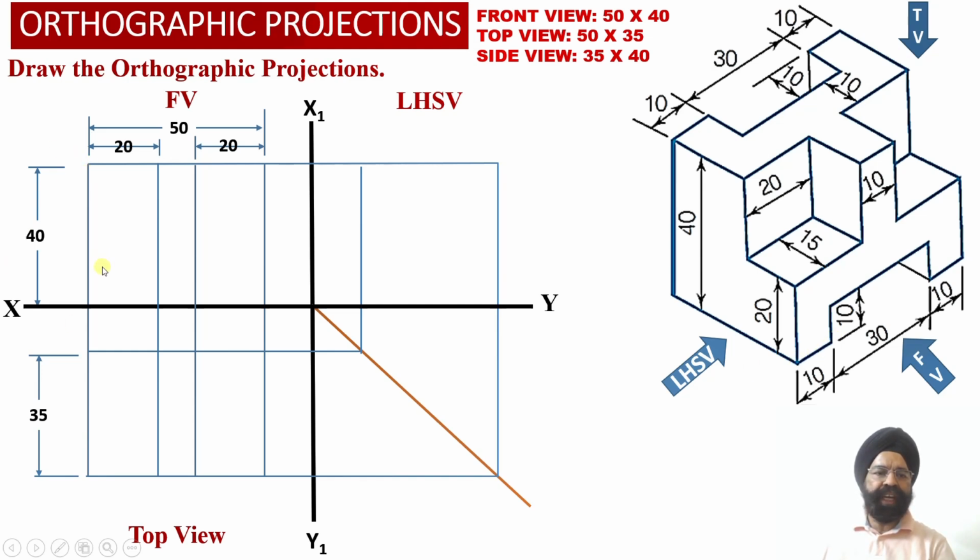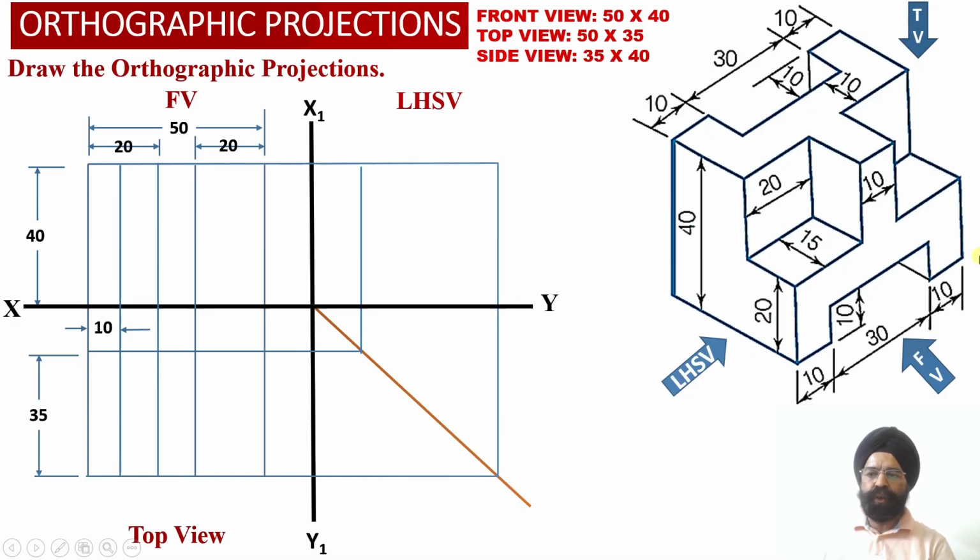As we move away from the left hand side face and measure a distance of 10 millimeter, we obtain a vertical projector line in the front view projection, and we need to extend this vertical projector line into the top view projection as well.